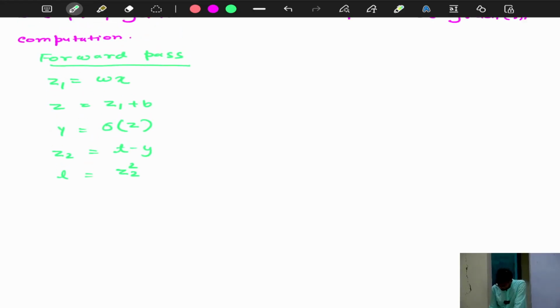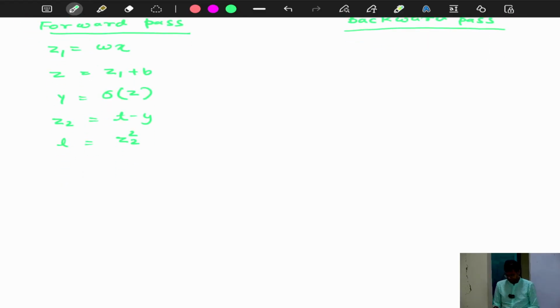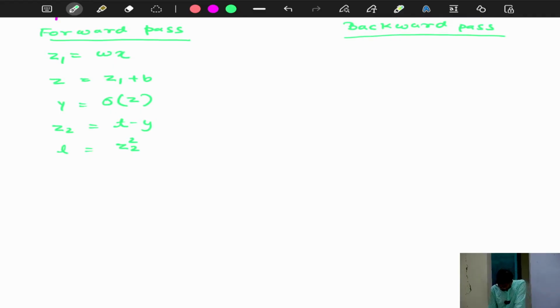Backward pass. Backward pass will be, we will start with del L by del z2.